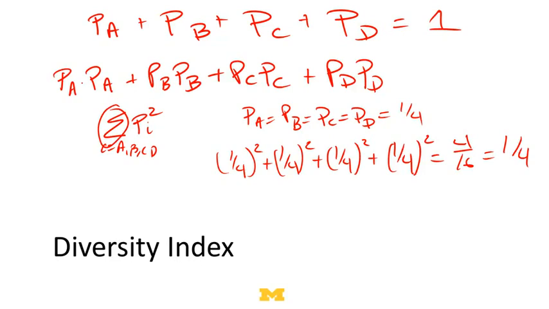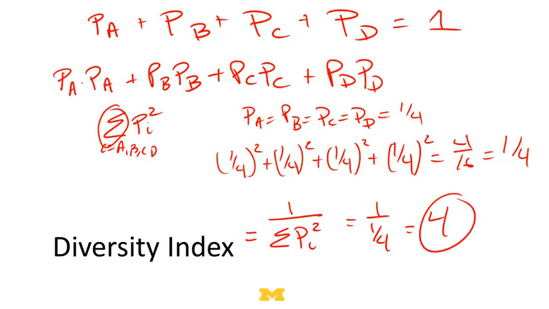So that's telling us it's sort of like 1/4. So to get the diversity index, we just take 1 over the summation of those PI squareds. So that's going to be 1 over 1/4, which is equal to 4. So what that's telling us is that, look, it's like there's 4 types here.